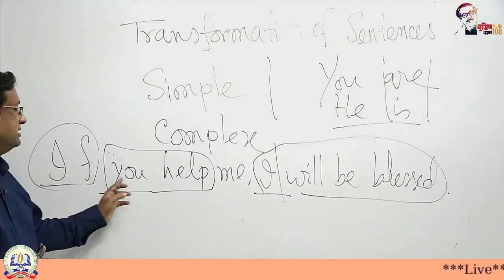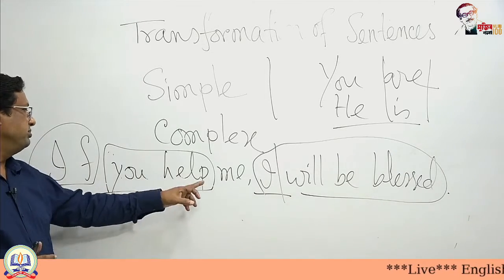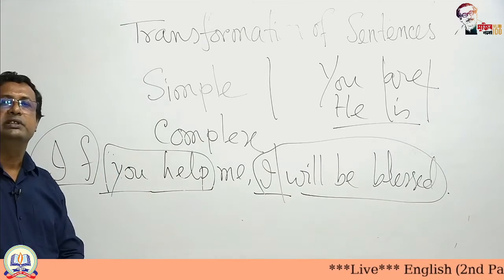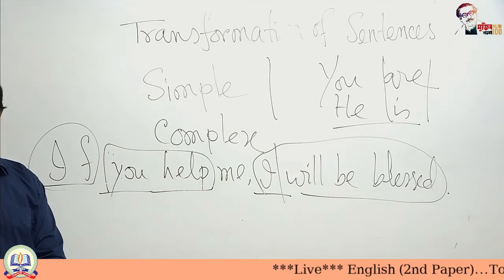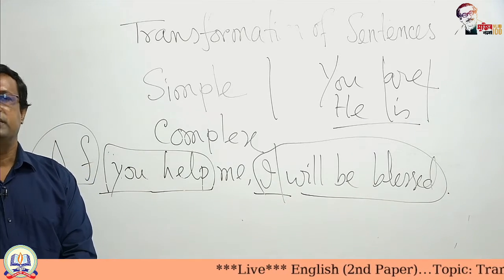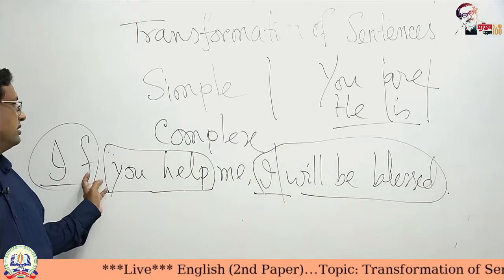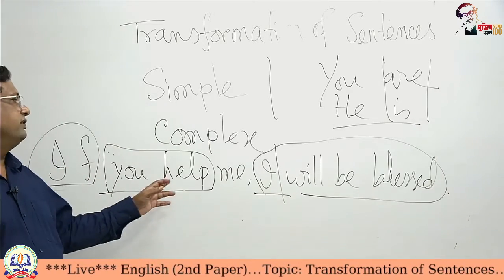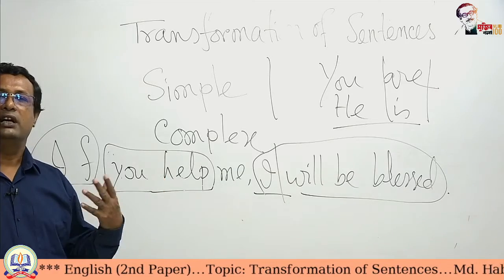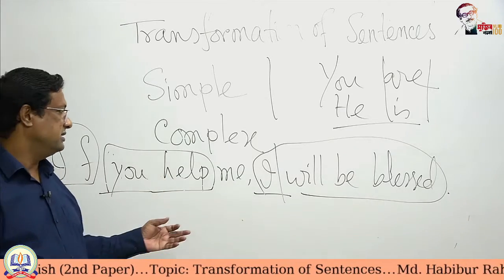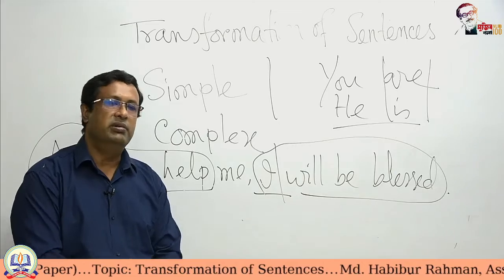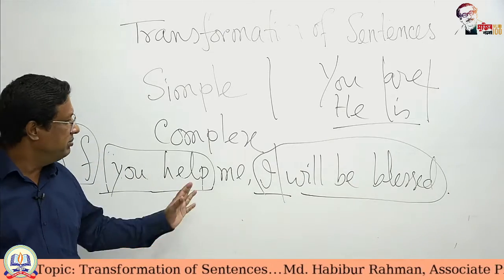Suppose consider this part: if you help me. Is this a complete statement? Certainly not. If you help me, so what will happen next? There is the answer: I will be blessed.